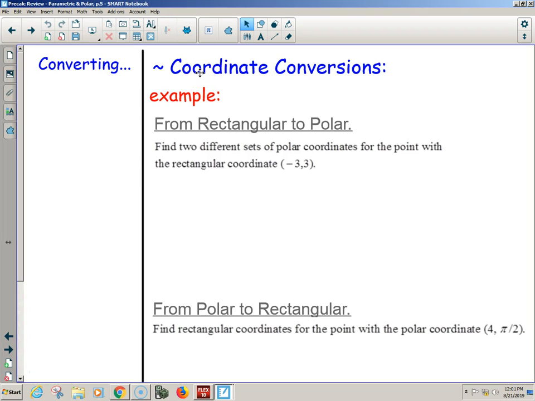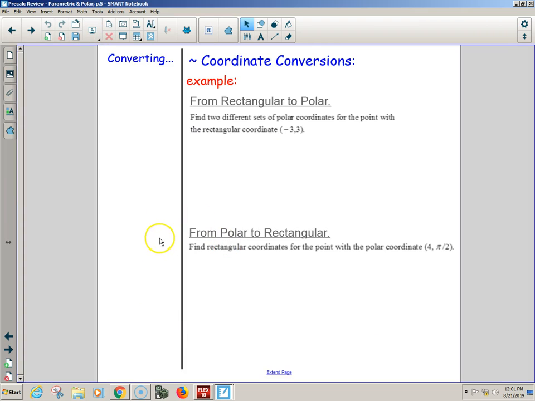The first one is a rectangular point, an x, y, trying to get to polar points, r, thetas. And the second one starts from r, thetas, trying to get to x, y's. You're allowed to collaborate in your groups using the formulas from yesterday. Ready, set, convert. You have x's and y's getting r's and thetas, or r's and thetas getting x's and y's.